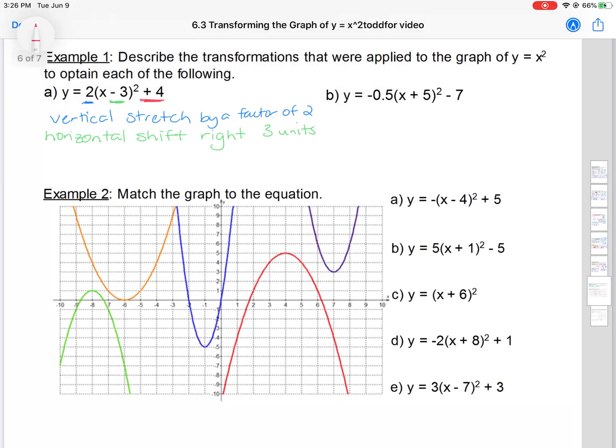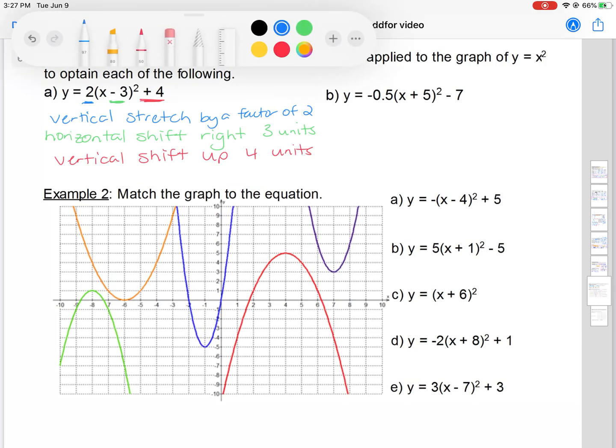And then this one out here, the last one, is a vertical shift up 4 units. So yes, it is simple to say, you know, the a value, you multiply by 2, the step pattern, shift right 3 units, shift up 4 units. Try to get used to using the words vertical stretch, horizontal shift, again, because you're going to do this again in grade 11, okay? So you want to take that on as well.